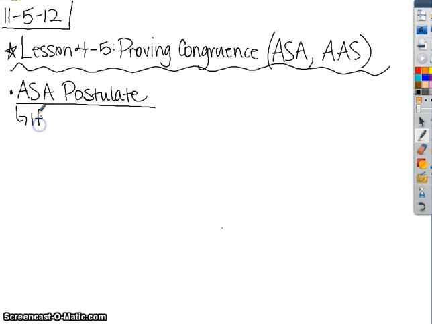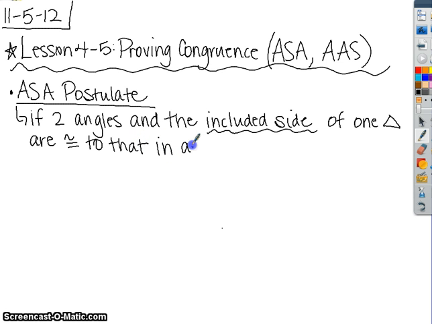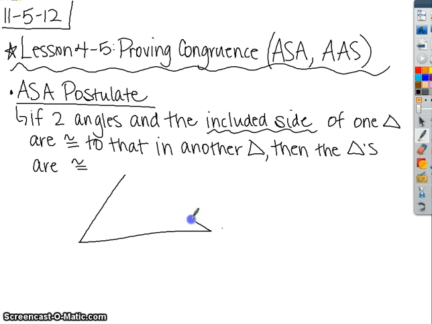This one says if 2 angles and the included side, I'll get to that in a second, if 2 angles and the included side of one triangle are congruent to that, meaning the same thing, in another triangle, then the triangles are congruent. Okay? So let me draw you a picture, give you a visual of this.